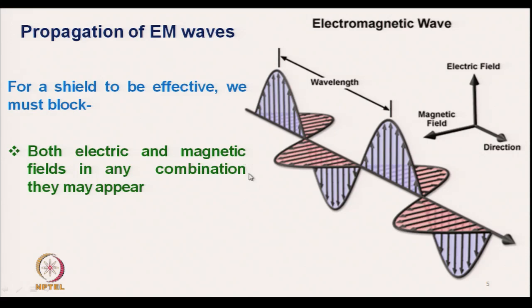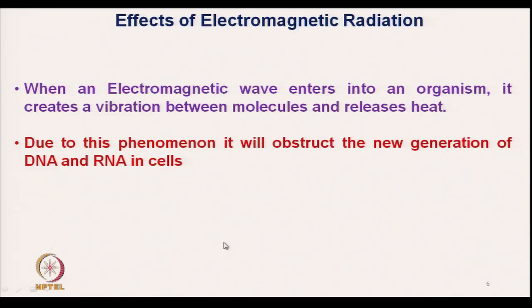Here the blue color shows the electric field, and at a 90 degree angle the red color waves show the magnetic field, and this is the direction of propagation. So, we have to block both the electric and magnetic fields.